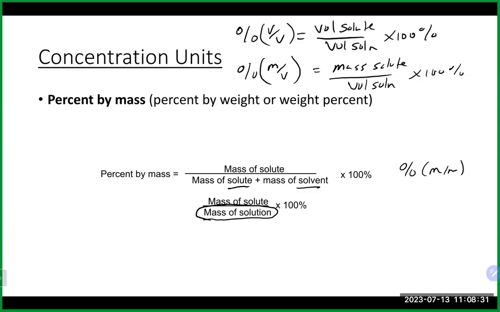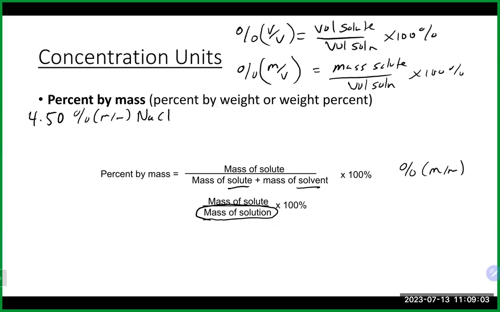And this is also why, when we talked about the dilution equation, C1V1 equals C2V2, you could use this type of concentration in that formula as well. Also, you can use percent concentration really as conversion factors. So for example, if I had a 4.5% by mass sodium chloride solution, you could actually turn it into a usable conversion factor.